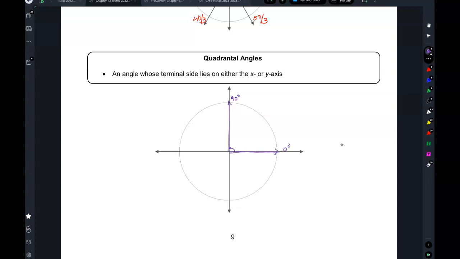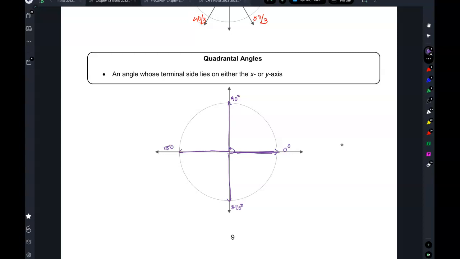If I wanted to draw a 180-degree angle, the terminal side lies on this side of the x-axis, 180 degrees, and this will be 270 degrees. 360 degrees again will lie on the positive x-axis. Those angles are called quadrantal angles: 0, 90, 180, 270, and 360.